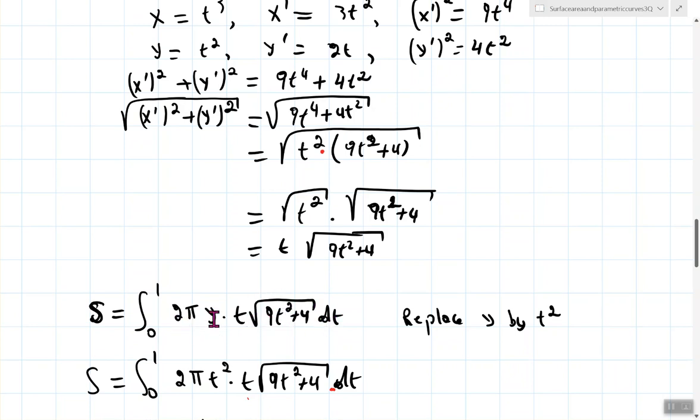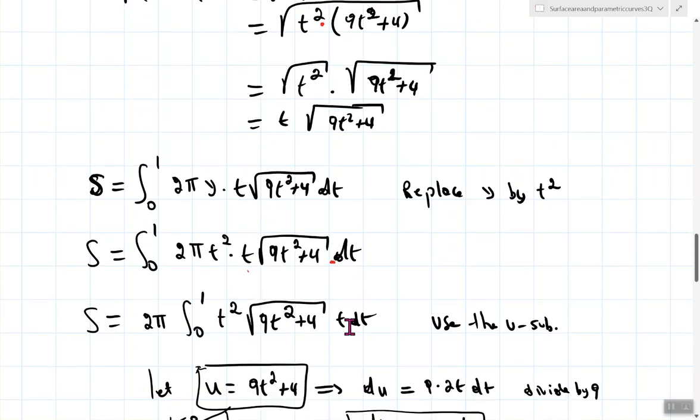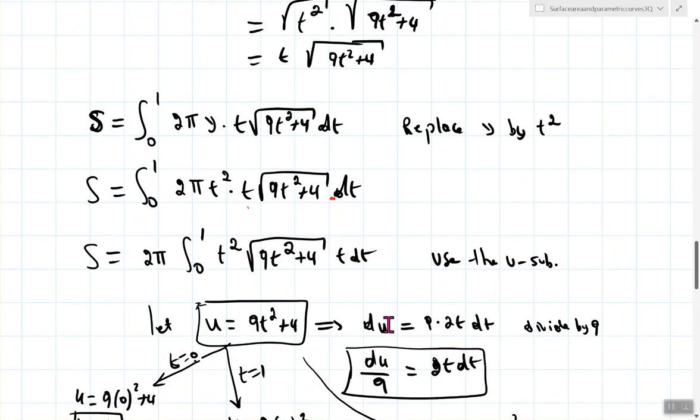We have 2 pi y here, but we cannot have two variables, y and t. So you have to replace y by t squared, because y equals t squared. So you get a t squared times t here, and then times that. To solve this integral, you have to think a little differently.